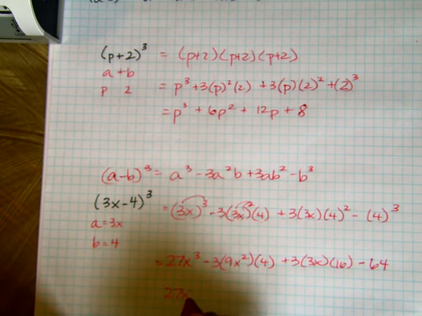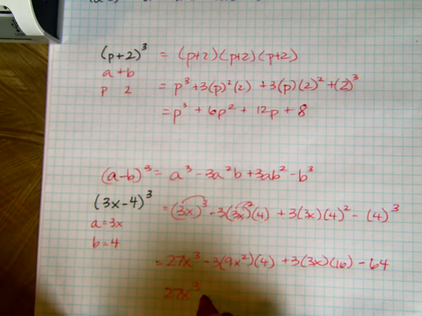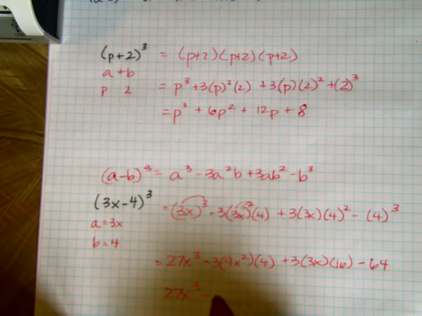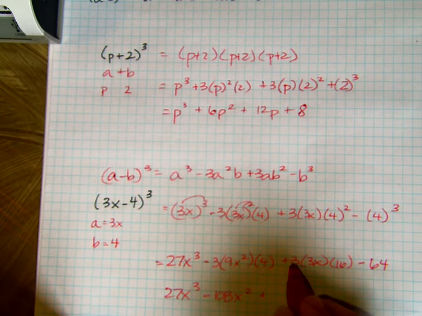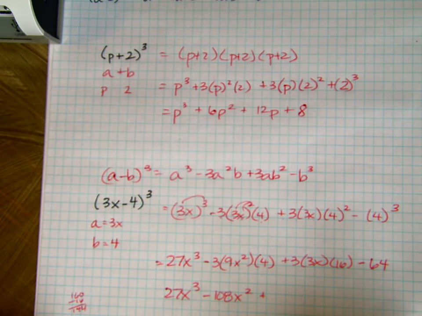So 27x cubed. 3 times 4 is 12. 12 times 9 is what? 99 plus 9, 108. Is that right? Plus 3 times 3 is 9. 9 times 16 is 160 minus 16, which is 144. That can't be right.